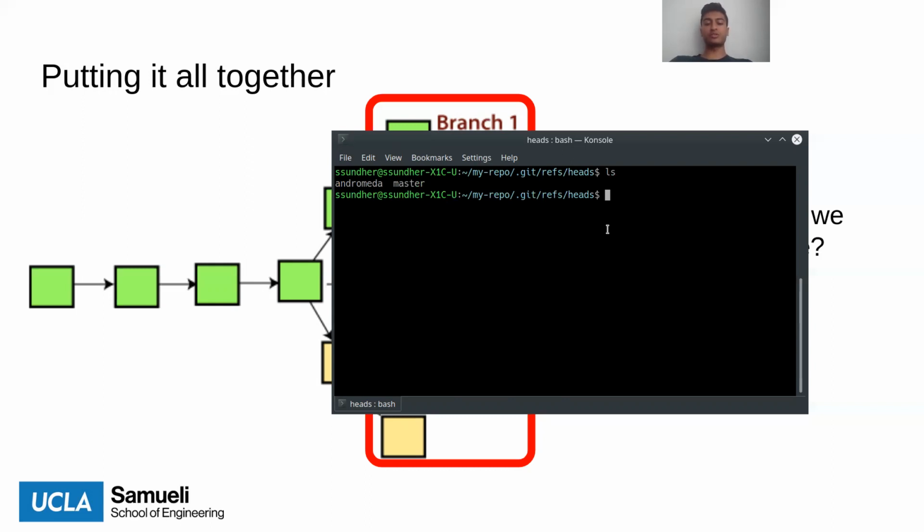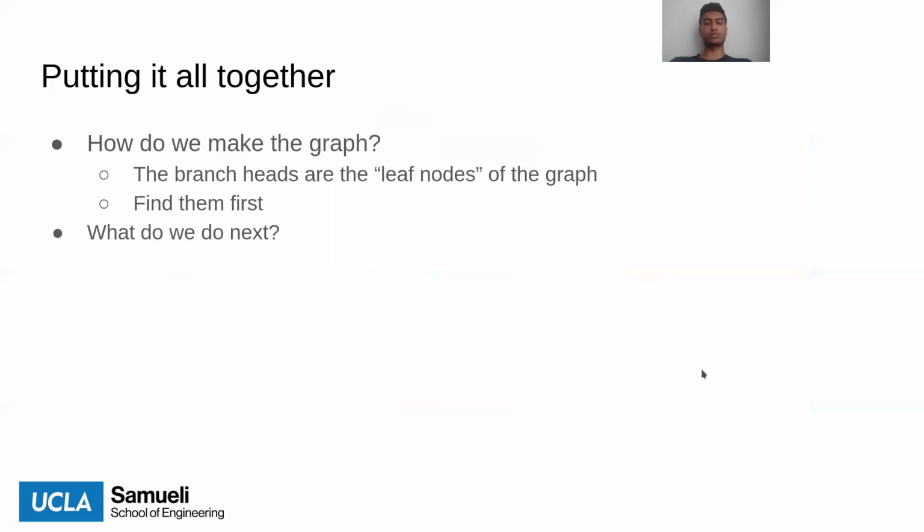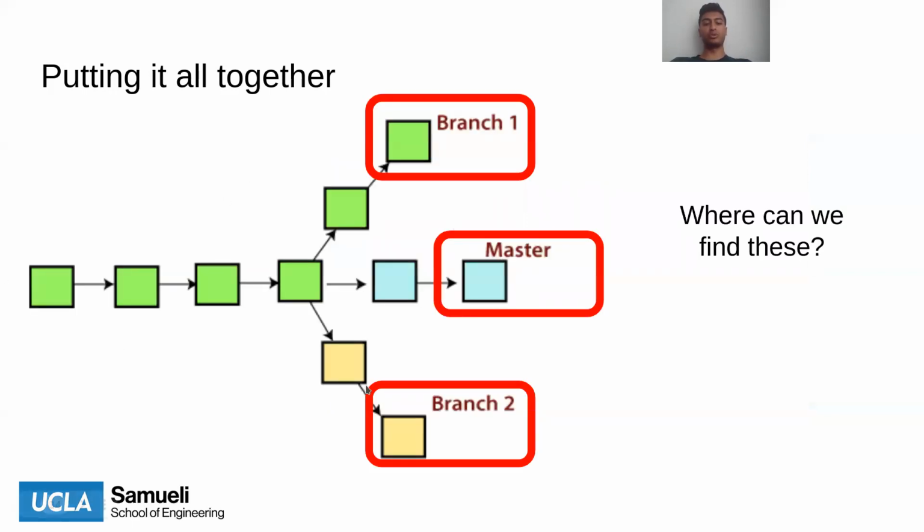So we look in this directory, get the hashes, and then we can look in .git/objects to find the data in those hashes. We start off with these branch heads, and then we work our way backwards. These are the leaf nodes of the graph. They don't have children. And then we work our way backwards to recreate the whole graph.